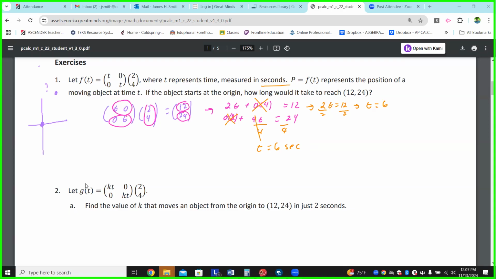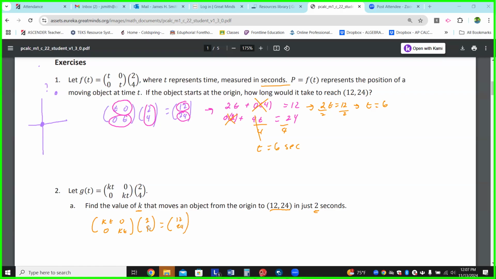I give you an equation, or I say g of t is equal to this, and I want you to find the k value given that it's equal to this, and I give you the time, and I say within 2 seconds. Okay, so when we work this out, this becomes kt, 0, 0, kt times 2, 4, and it has to equal 12, 24.